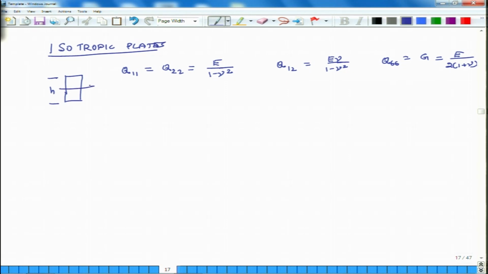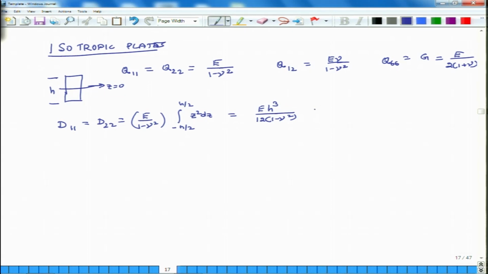If the plate is h thick and the z equal to 0 plane is the mid plane, then for such a plate D11 will be the same as D22, and that will equal Q11 times the integral from minus h by 2 to h by 2 of z square dz, and that gives us E h cube over 12 into 1 minus mu square.